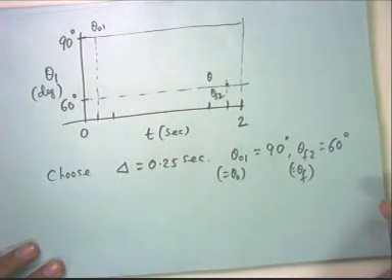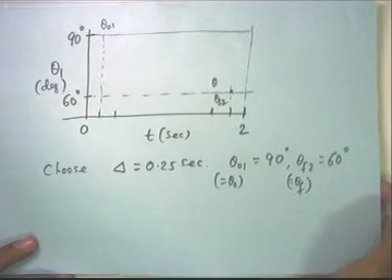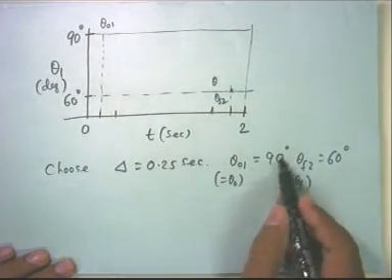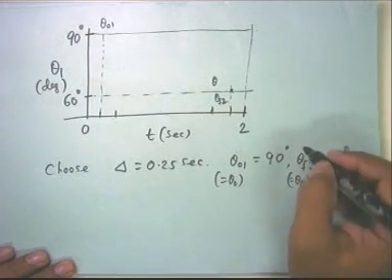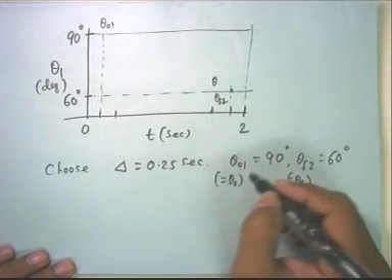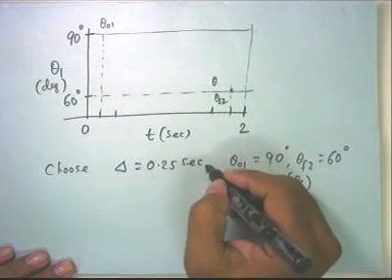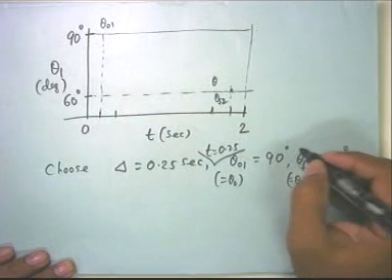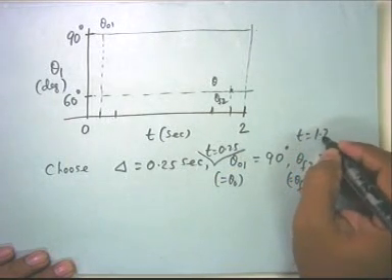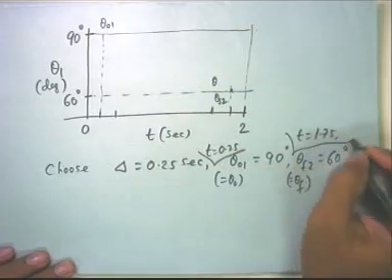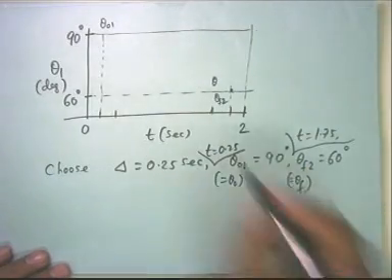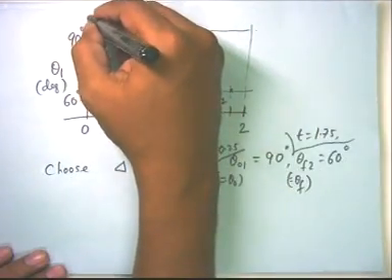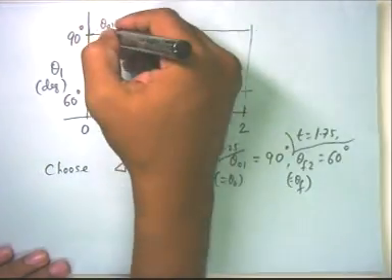I am following the method which I have just explained to you. So at t equal to 0.25, theta 0 1 is 90, and at t equal to 1.75, theta f2 is 60, right. So this is 1 point. Now what I do is I join using a straight line, as per the method.